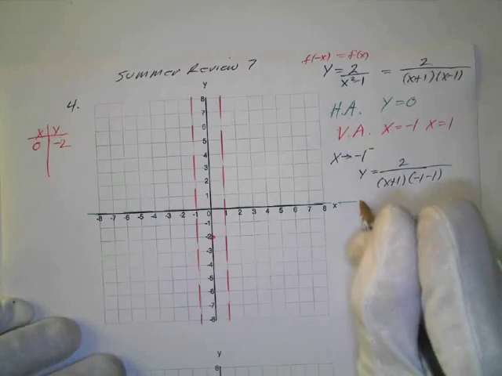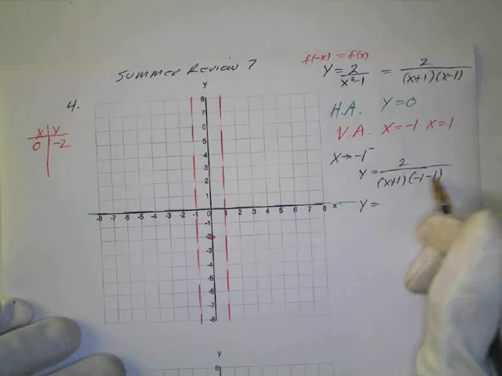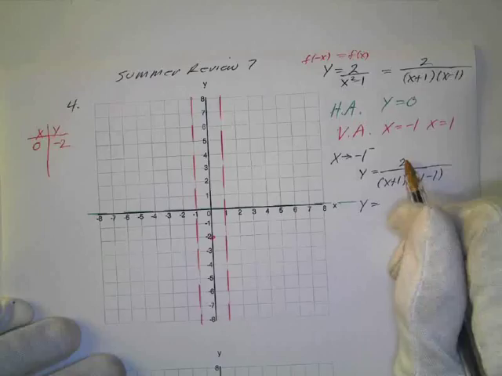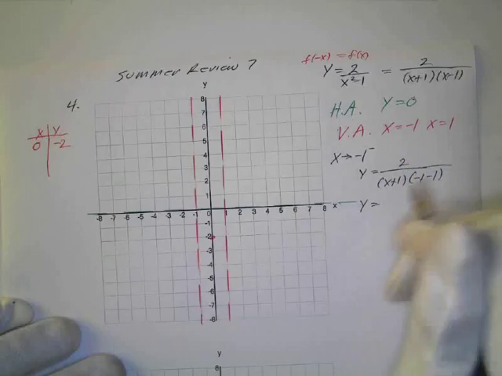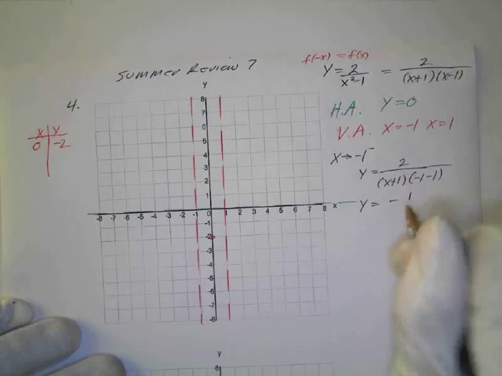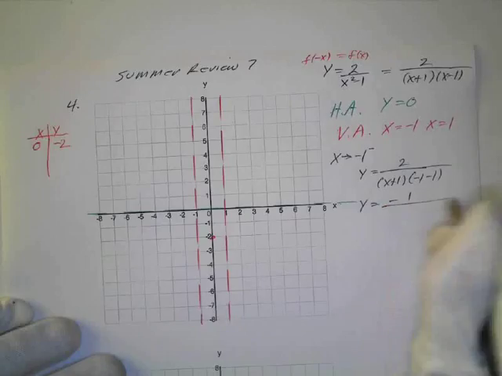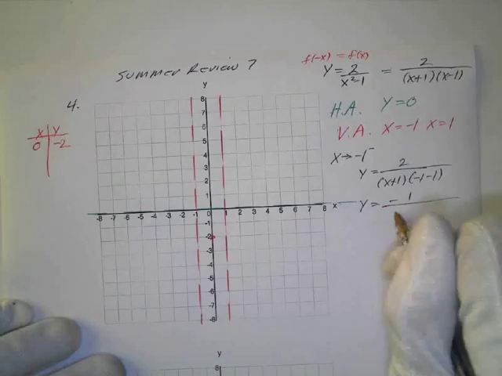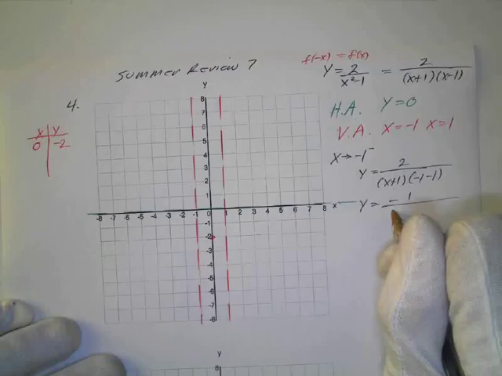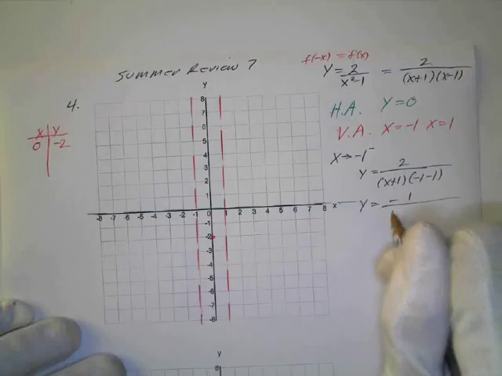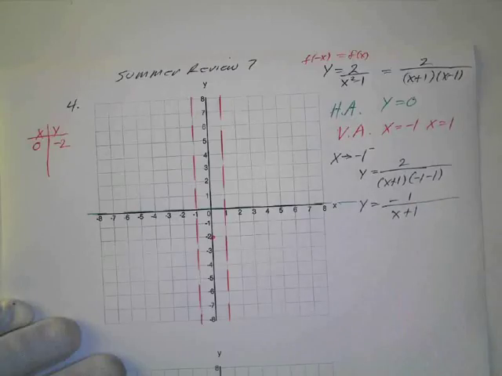So y equals, and then a negative 2 under a 2 is just negative 1. So I end up with negative 1 all over x plus 1. Okay, we'll leave it like that.